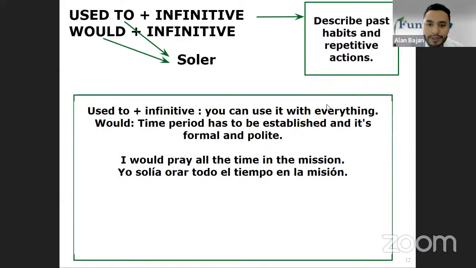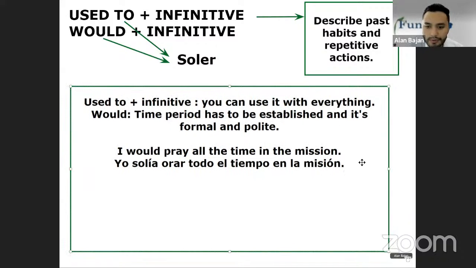I'm establishing the time period. What was the time period? All the time. I need to specify. And this is a very formal way to speak English.